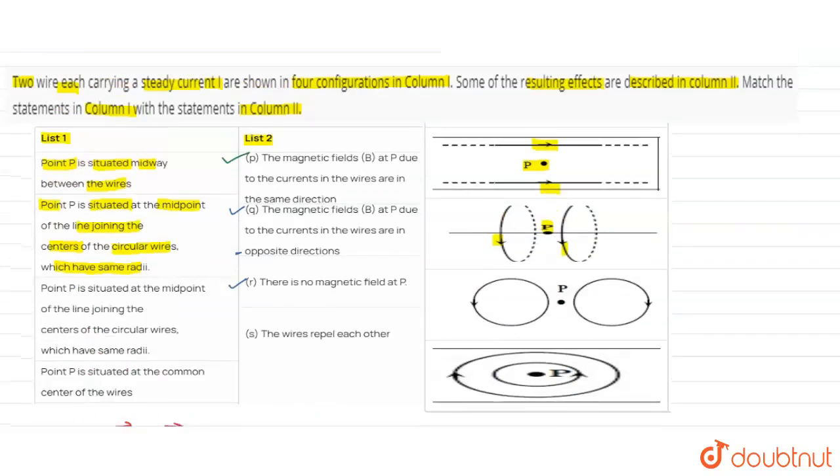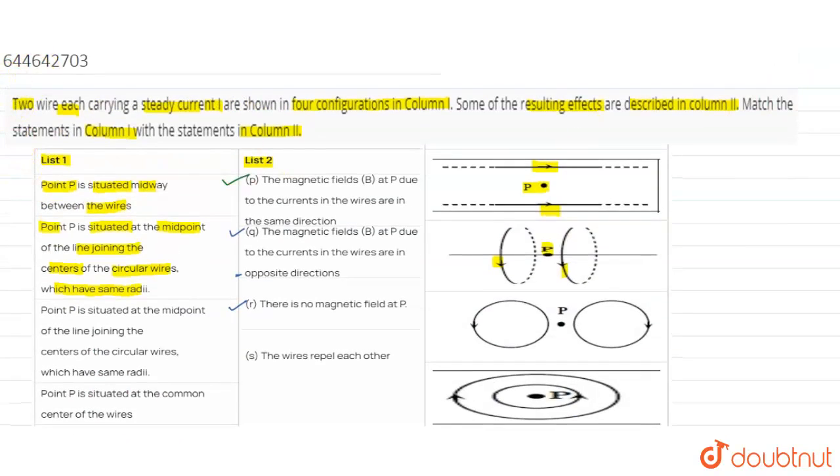Now guys, if we move towards the third one, we have point P situated at the midpoint of the line joining the centers of the circular wires which have the same radii. In this diagram we have these two circular wires, and here we have the point P between them.